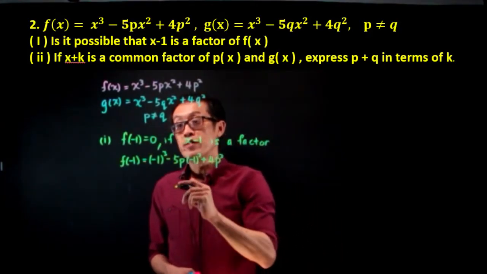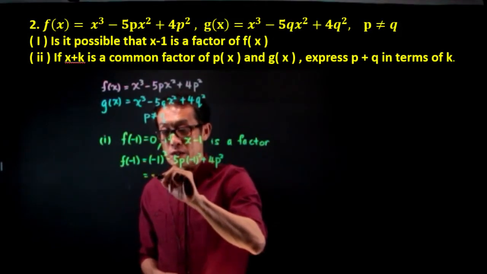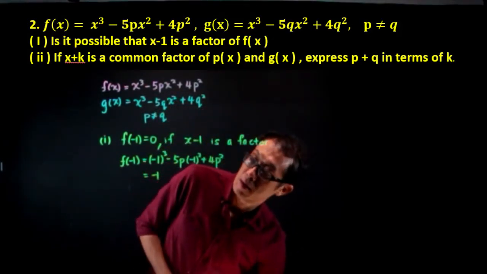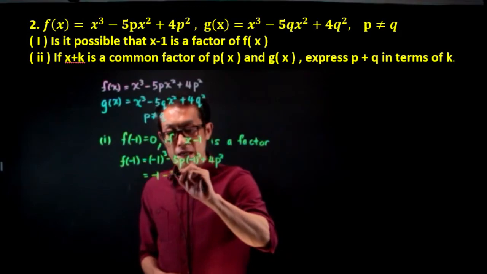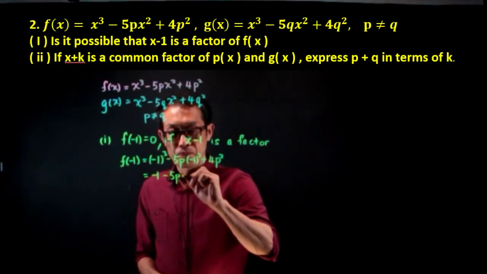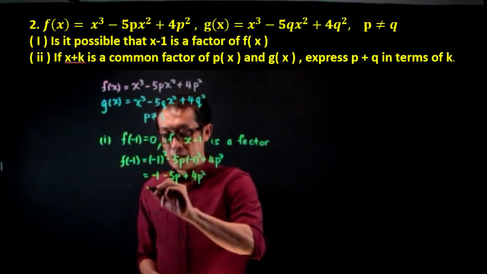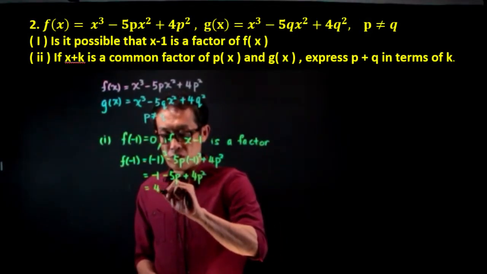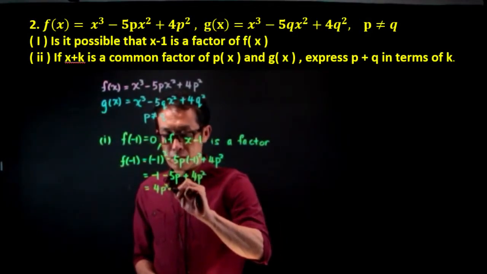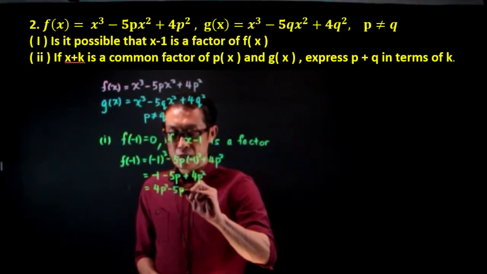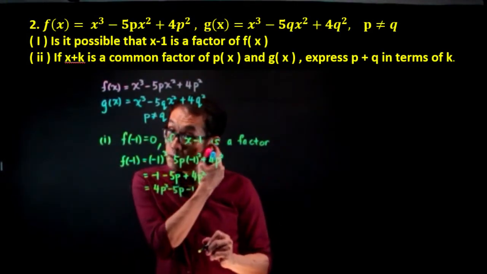What will you get over here? You will have minus 1 minus 5p plus 4p squared. And then you have 4p squared minus 5p minus 1.